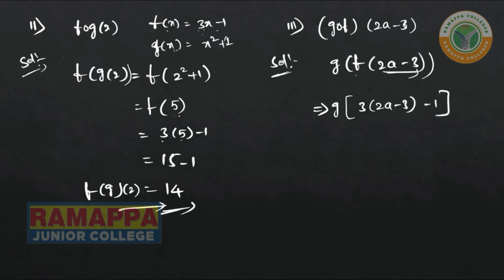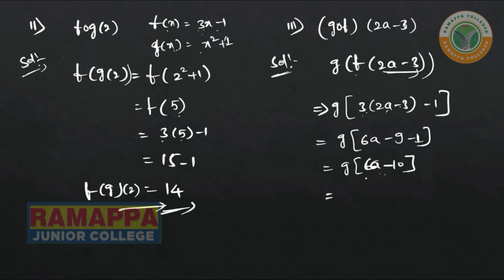It will become g of 3 twos are 6a minus 3 threes are 9 minus 1. It will become g of 6a minus 10.